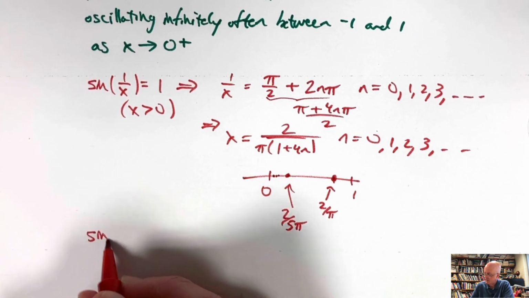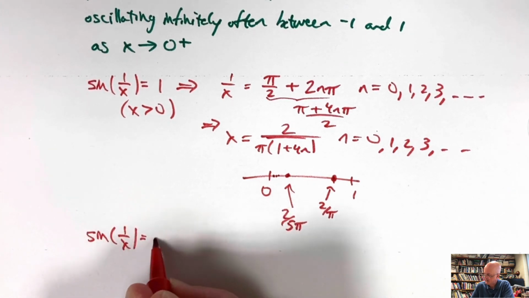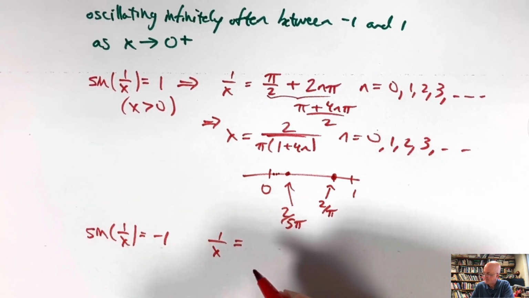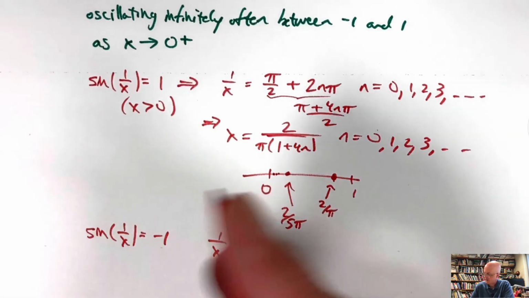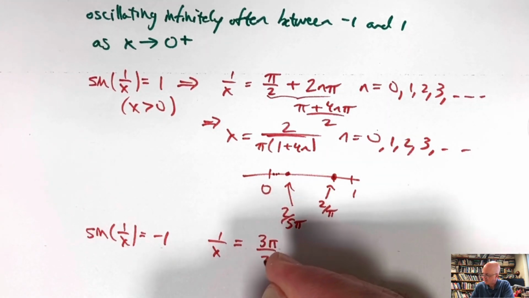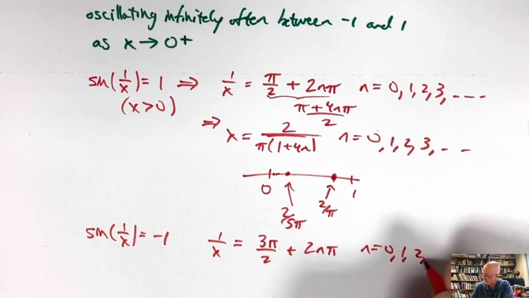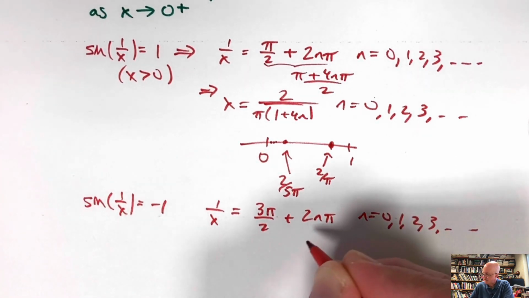And for it equaling negative 1, that means 1 over x is going to be, let's see, down at negative 1, it'd be 3 pi over 2 plus 2n pi. n equals 0, 1, 2, 3, etc. Get a common denominator of 2.